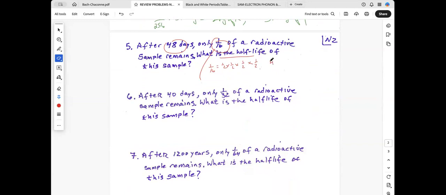So we have 4 half-lives in 48 hours. Well, 4 half-lives in 48 hours means for 1 half-life, just divide by 4. 4 into 48 is 12 hours.